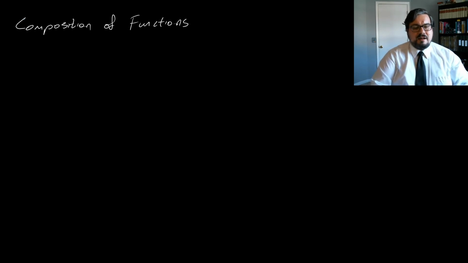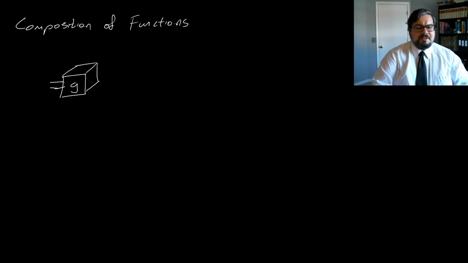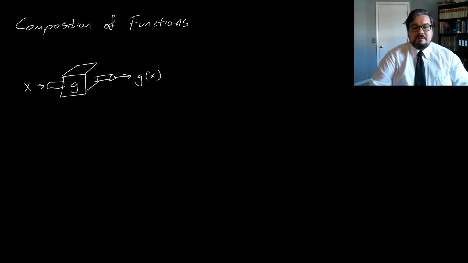So we could think of a given function f here, or actually I want to call this function g. And this function g can take a number as an input and give another number as an output. And I could have another function f over here, which can take an input and give an output.